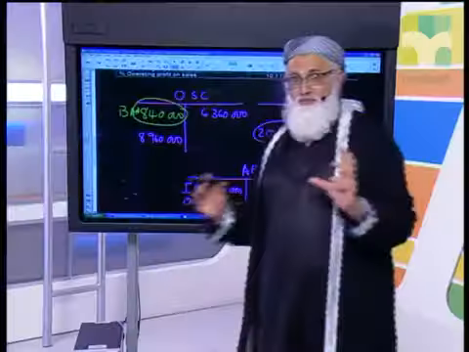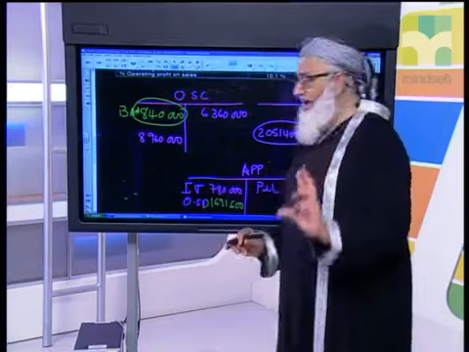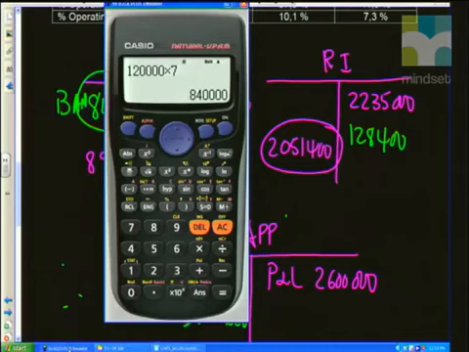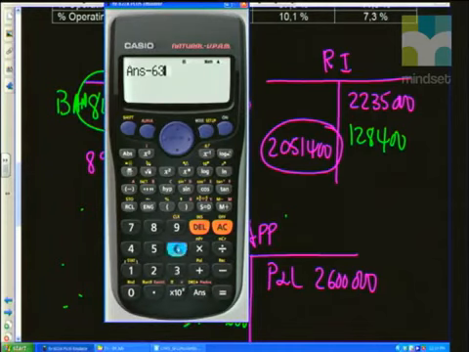Okay. Now see, where am I going from and where is it leading to? So obviously now, if I have the 840,000 and I add 8,960,000, that is equal to that, minus my opening balance of 6,360,000, and it gives me a figure of 3,440,000.